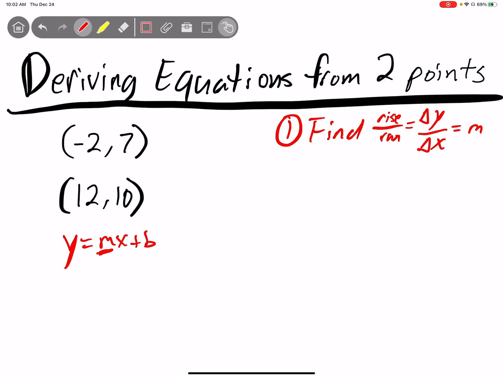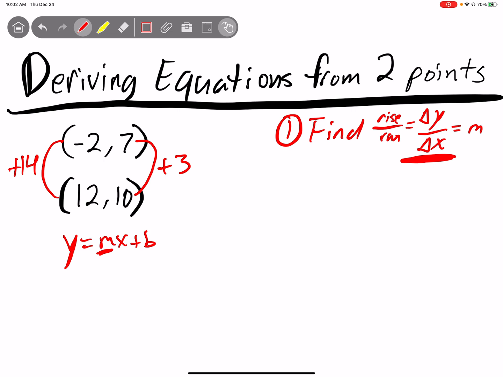So how do we figure out what m is? Well, we need to figure out what the change in y over the change in x is. It's given to me right here. So let's figure that out. Here's y, 7 to 10. How do I get from 7 to 10? I add 3. How do I get from -2 to 12?